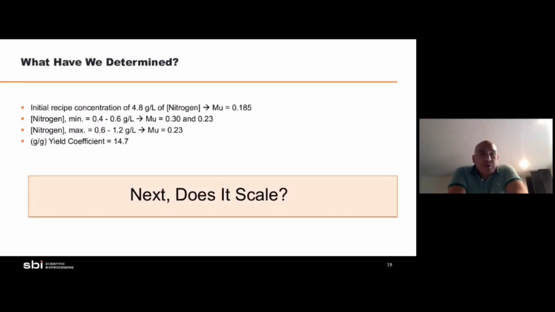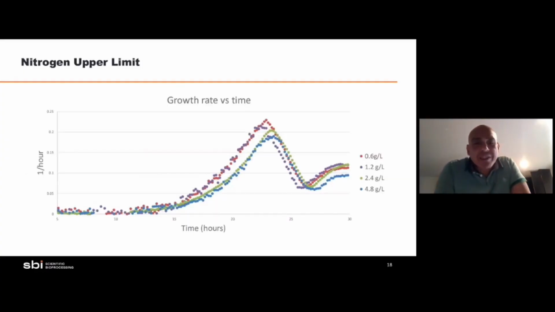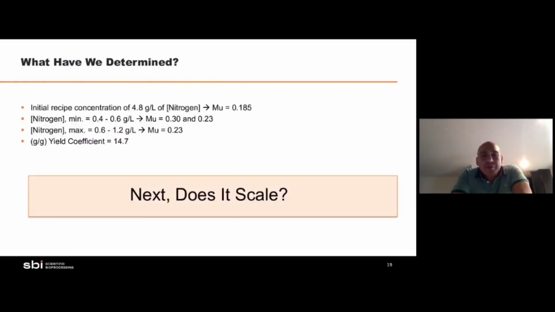So what have we determined so far? We've looked at our initial recipe concentration of 4.8 grams per liter. And we determined that, I think I might have skipped the slide there. Aha, I did not, sorry. So we looked at our initial concentration of nitrogen, and that is a little bit too high for our desired growth rate.